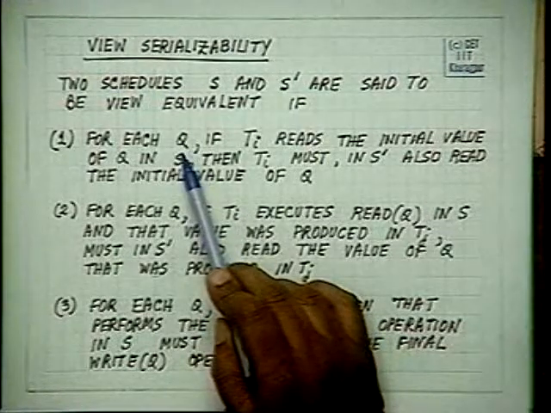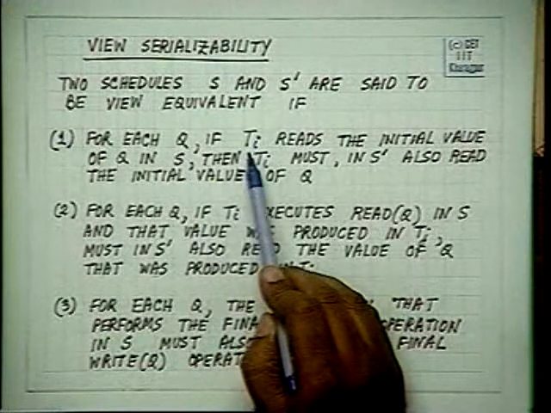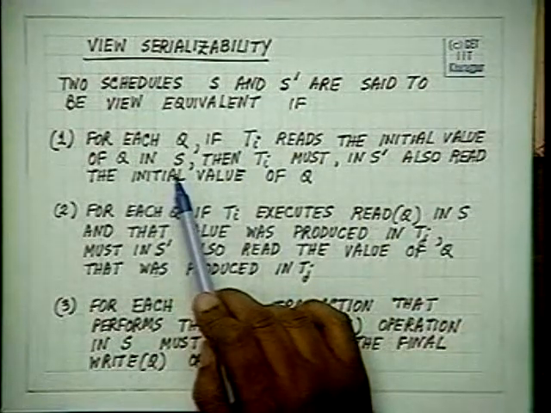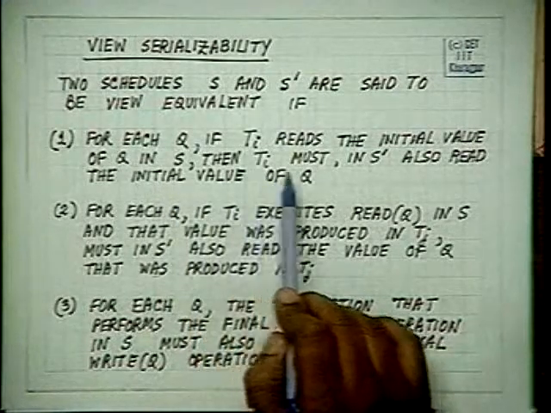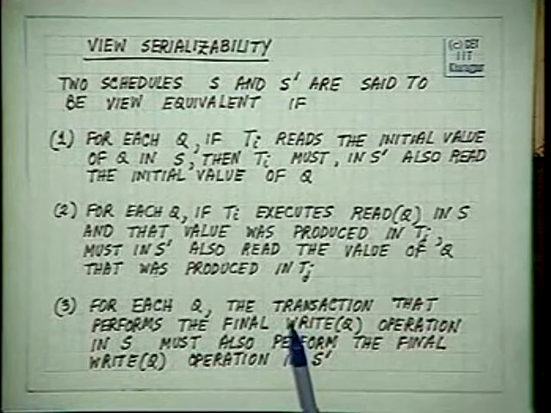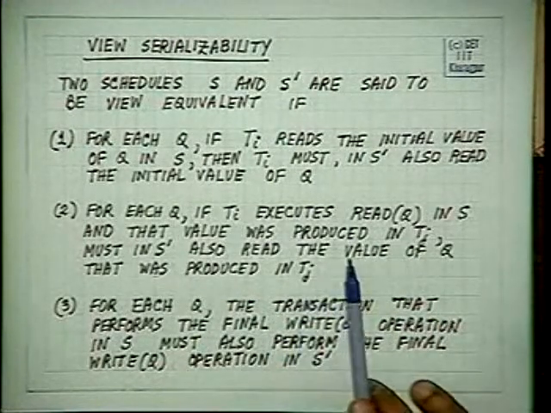If for each Q, if Ti reads the initial value of Q in a schedule S, then Ti must in the new schedule S dash also read the initial value of Q. That is quite fair.